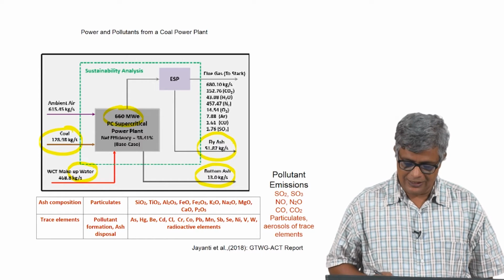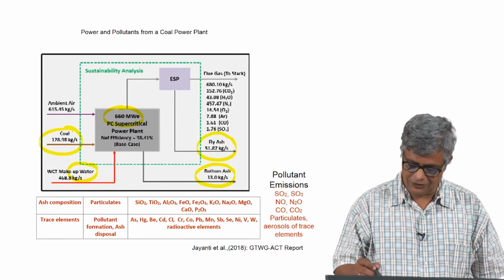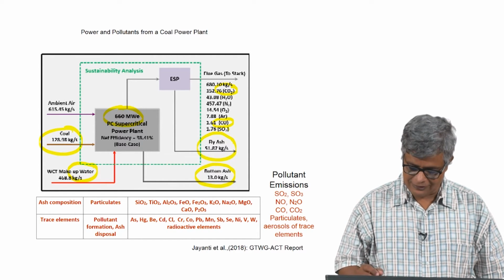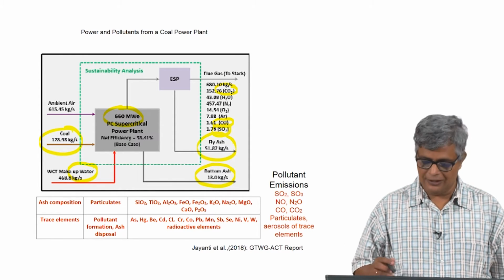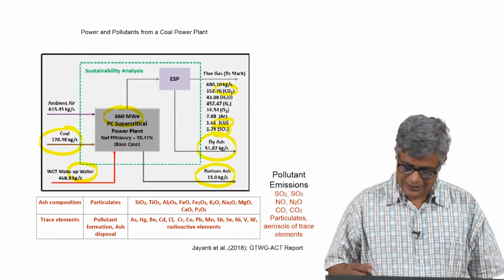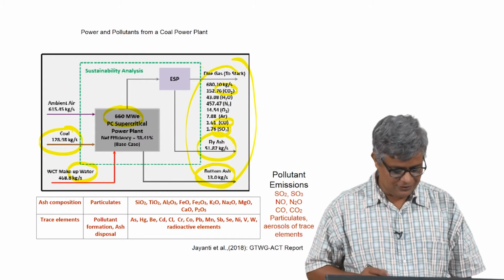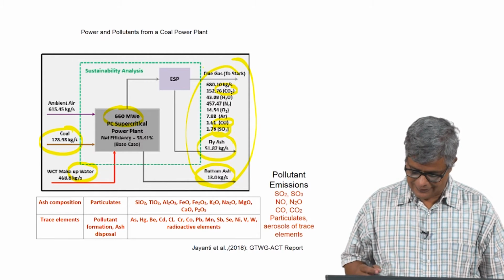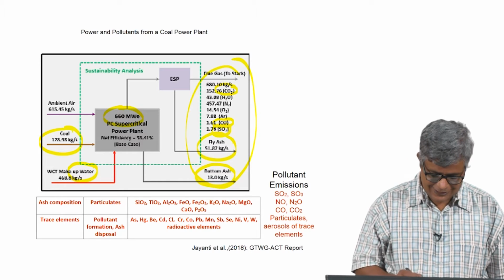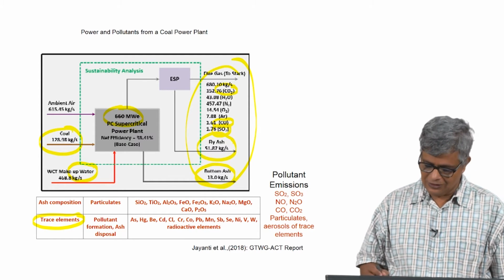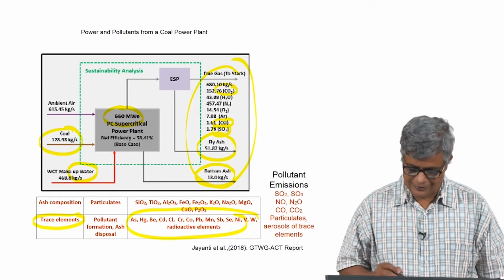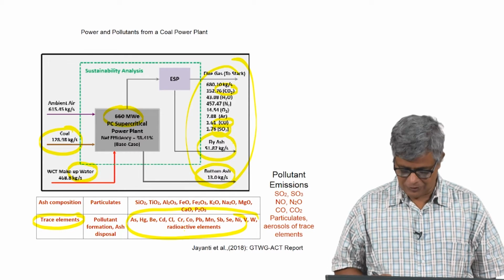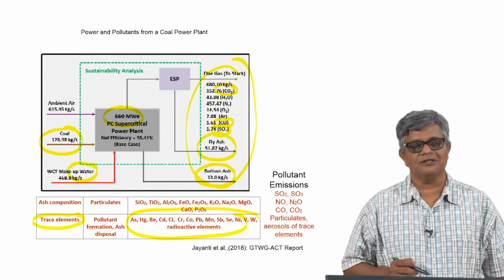In addition to that, we are also generating a lot of gases, out of which we have carbon dioxide, carbon monoxide, sulfur dioxide. What is not indicated here is also nitrogen oxides. In addition to all these things which are in large quantities, coal in its raw mineral form also contains trace elements, minute quantities of a number of other elements including mercury, arsenic, cadmium, chromium, and even radioactive materials.